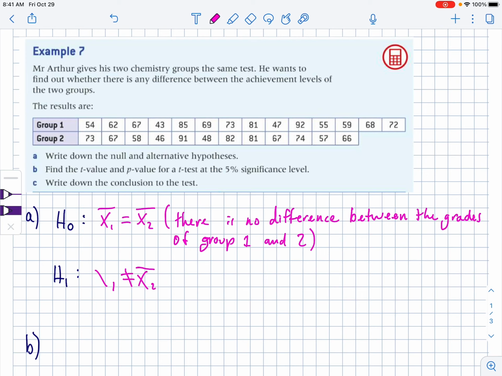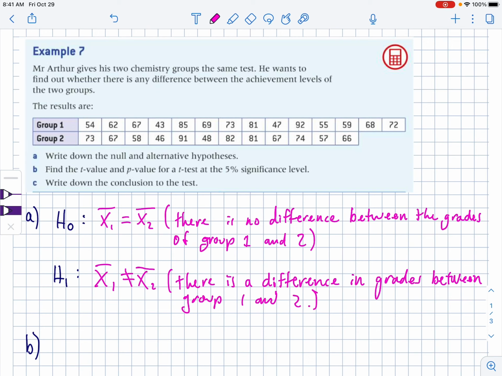So in English, this is there is a difference. So there's our null and alternative hypothesis.